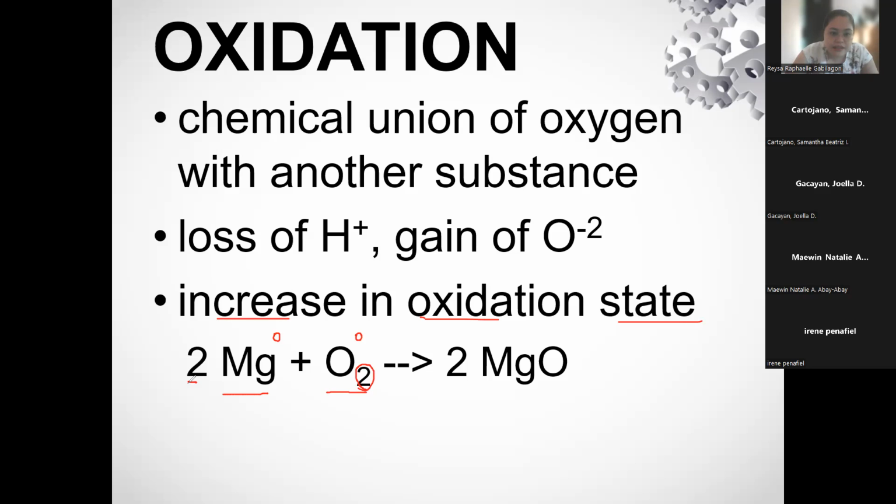This one here, which we write during the balancing, we call the coefficient. And the coefficient represents the number of molecules. Okay? So just like this one, we have 2 molecules of magnesium. And for this one, when there is no number, automatically that's 1. So we have 1 molecule of oxygen.